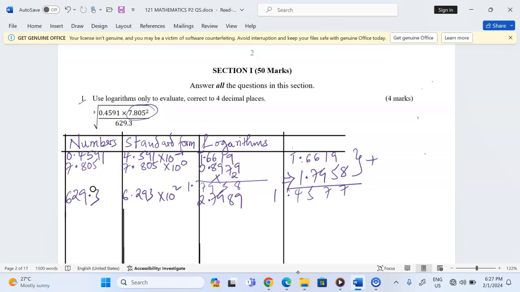We should remember that the numerator and the denominator have been divided, therefore the logarithms should be subtracted. So I should have 2.7989.